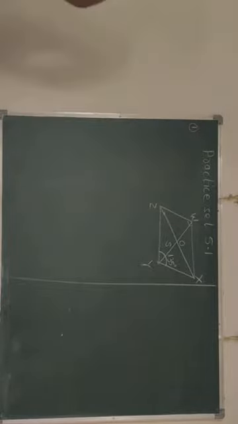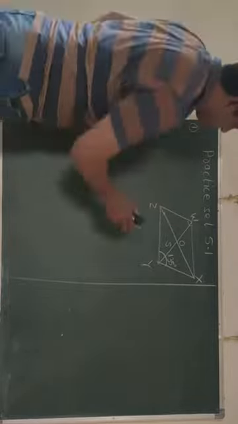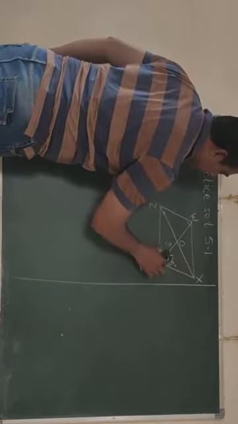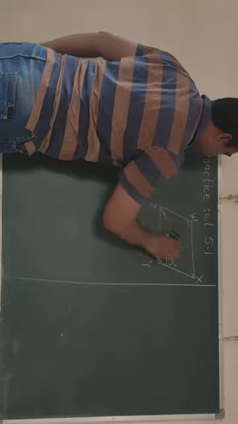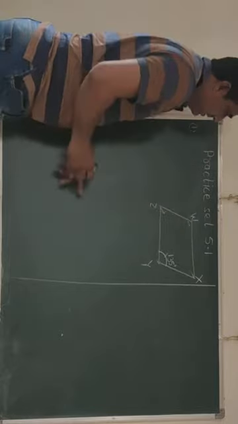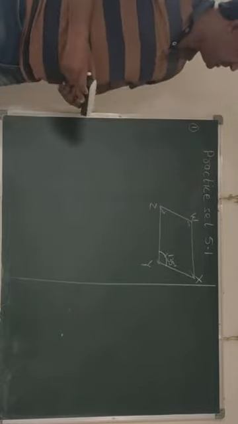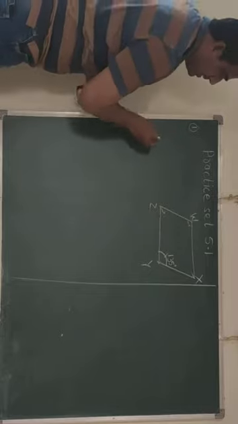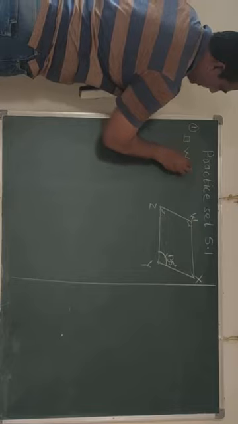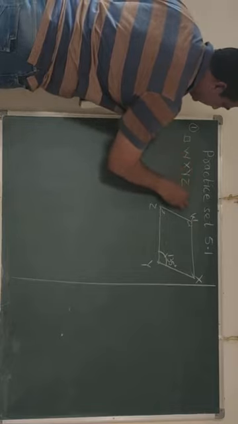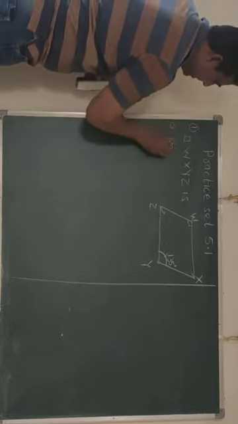So one by one, we start this. For the first question, we don't want these diagonals. Forget these diagonals. We want this angle XWZ. So here quadrilateral WXYZ is a parallelogram.